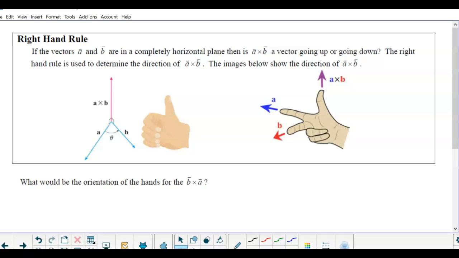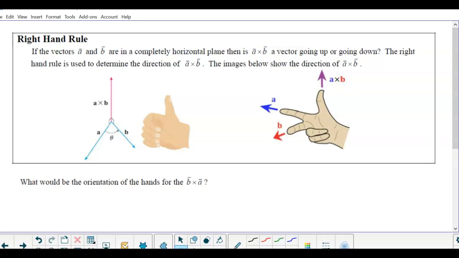So basically you start with whatever's listed first. If A is listed first, you take your finger and you curve around to B, and your thumb tells you what's happening. So here, this is on the paper basically. If I curve around, it's going up. If I then do the other way, going from B to A, then I'm having to go this way and curve around, and so my thumb is going the other direction.